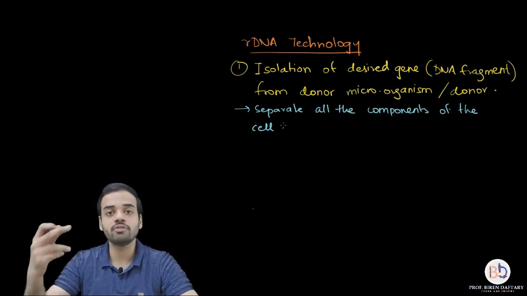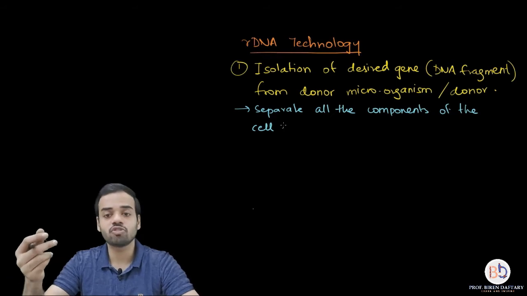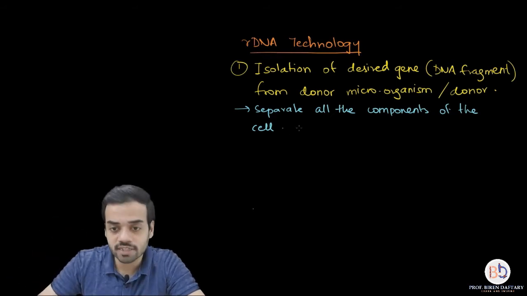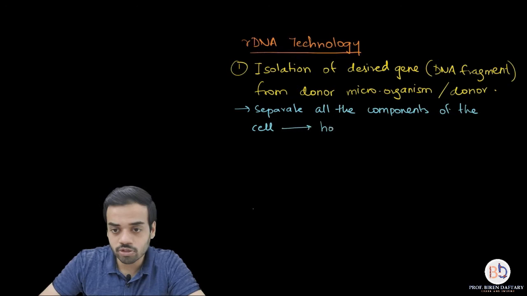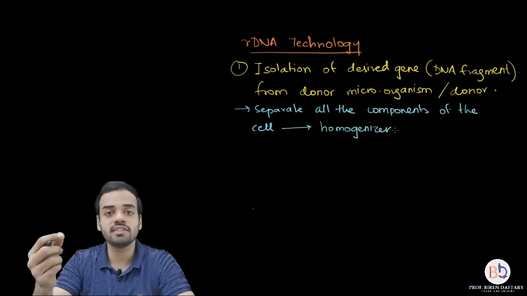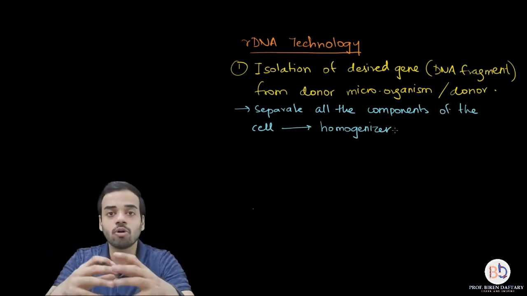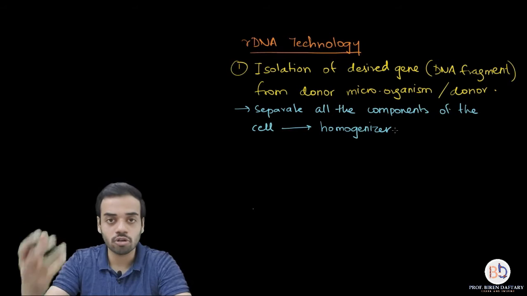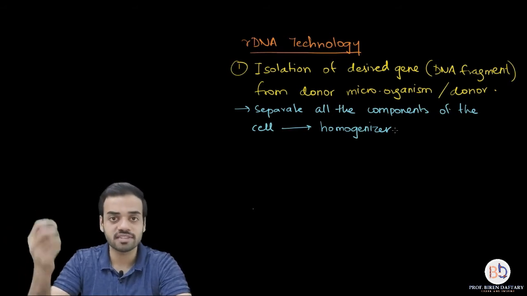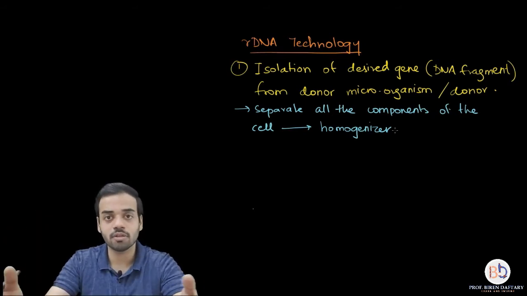Now how will you separate that? So normally an instrument called a homogenizer is used. Now a homogenizer is like a blender, but please remember that the homogenizer does not break up all the components of the cell. If you use a normal blender and put a cell or a tissue in it, it will basically disrupt all the parts.